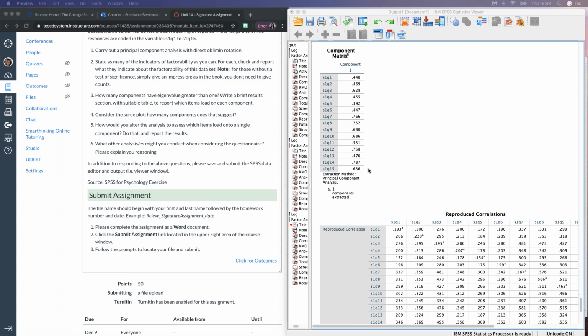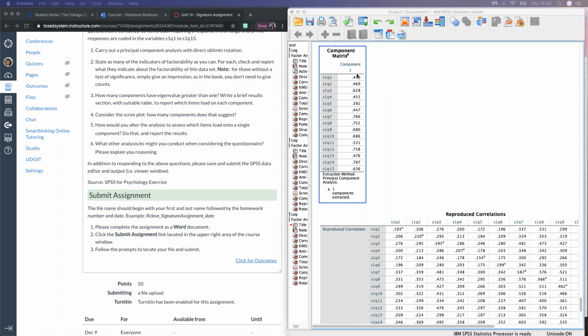So you could say, okay, I want to set my cutoff at 0.5, and I'm going to omit any questions that weren't at 0.5. As a researcher creating your questionnaire, you can do that if you find that some of the questions aren't going to get you the results that you're looking for.